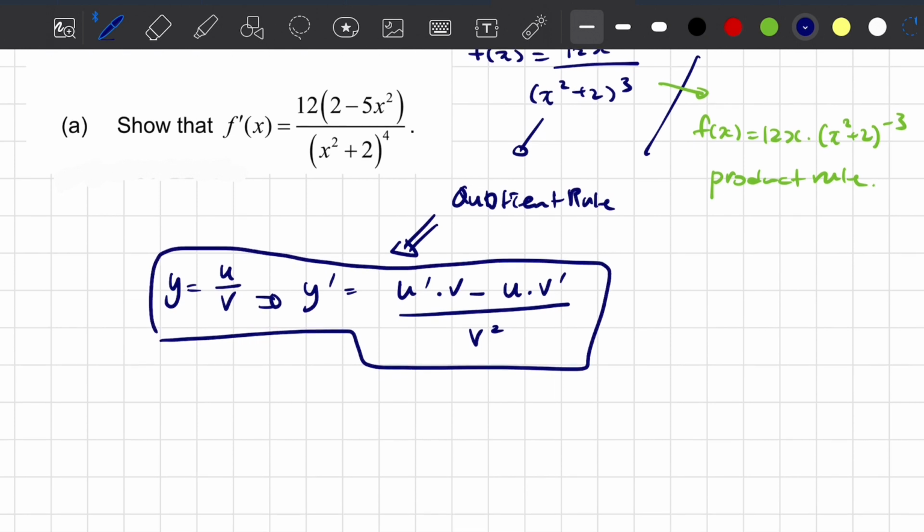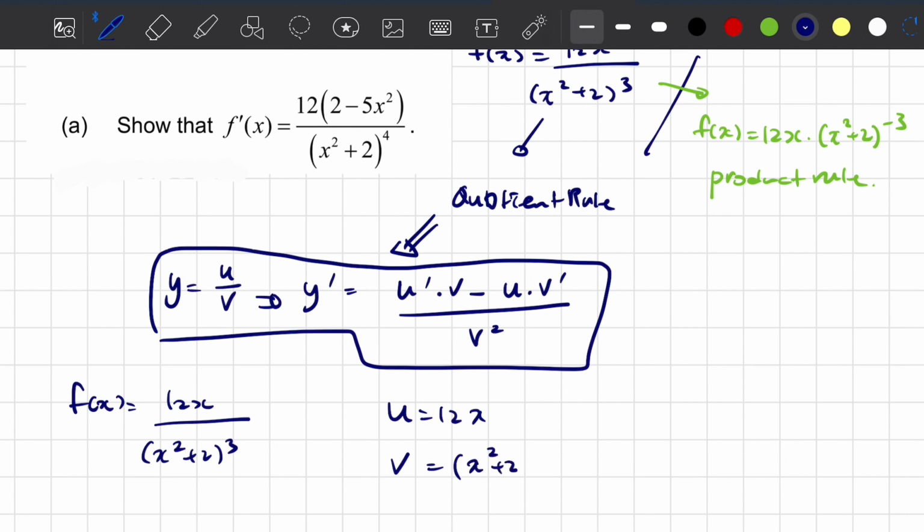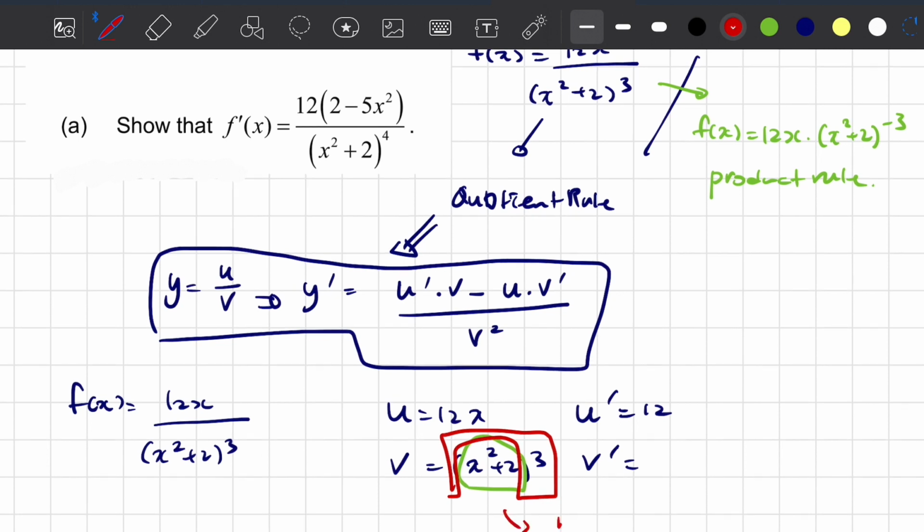In this case, we have f of x equals 12x over (x squared plus 2) to the power of 3. So let's set u equals 12x and v equals (x squared plus 2) to the power of 3. Then u prime is 12, and v prime is a little different because we have a function inside of a function. That means we have to use the chain rule.